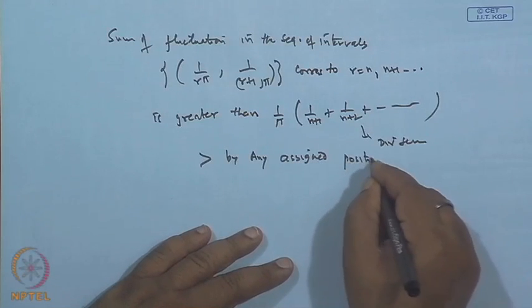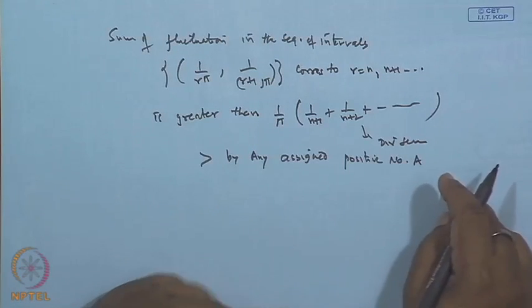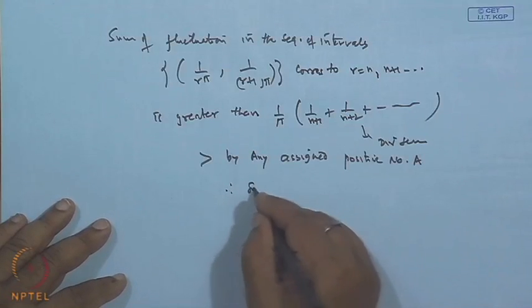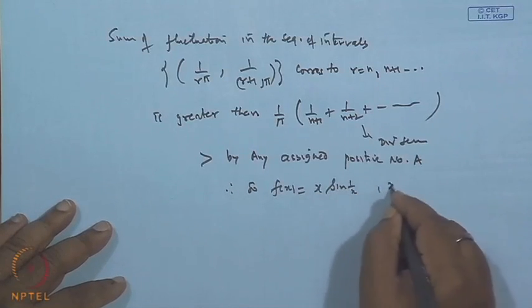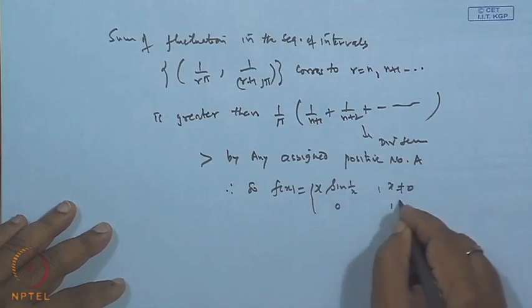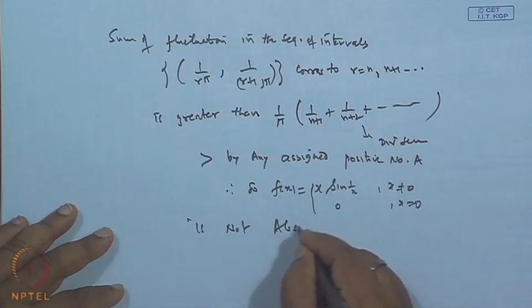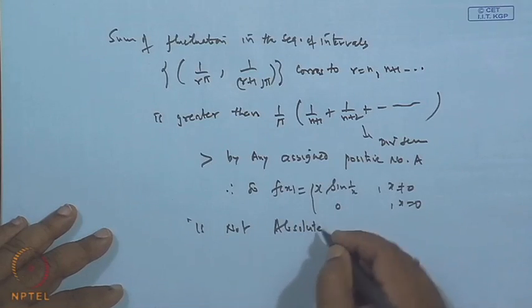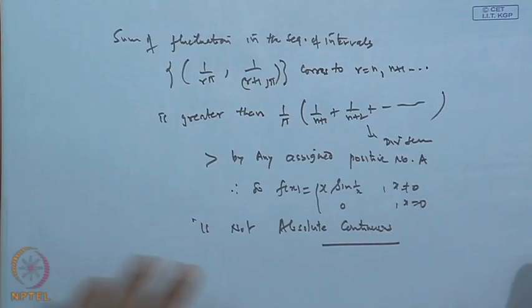Therefore, the function f(x), which is x sin(1/x) when x is different from 0 and 0 when x is 0, is not absolutely continuous.